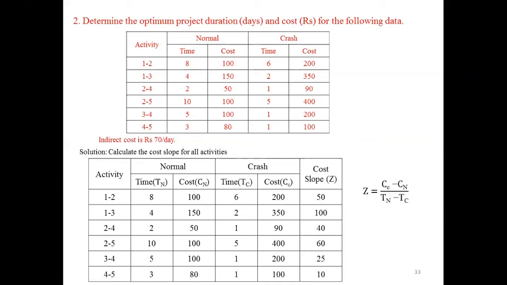After calculating the cost slope for each activity, you need to calculate the normal cost of all activities. The normal cost is the summation of these values, that is 100 plus 150 plus 50 plus 100 plus 100 plus 80. That means we will get rupees 580. It is the normal cost of all activities.